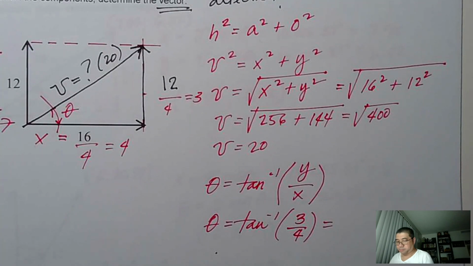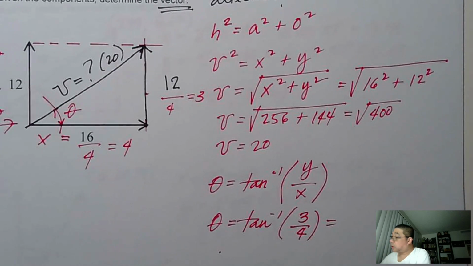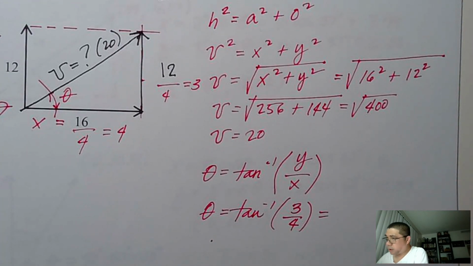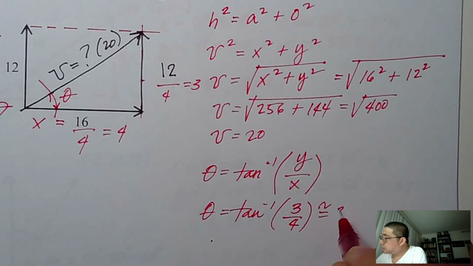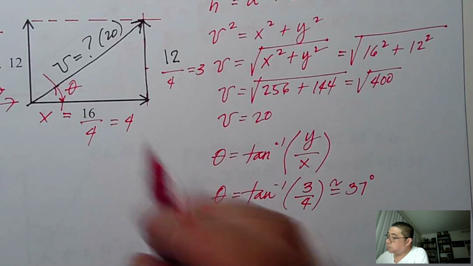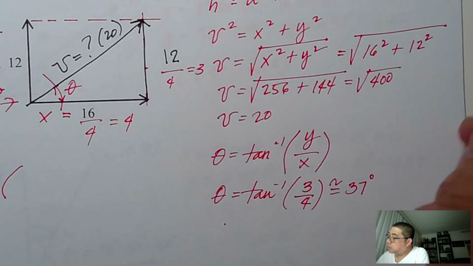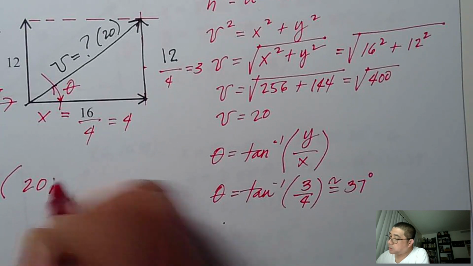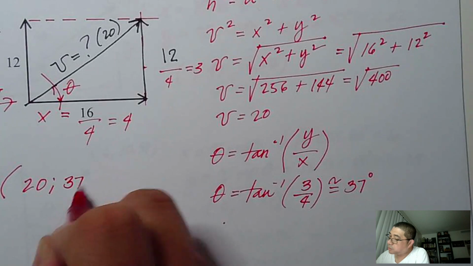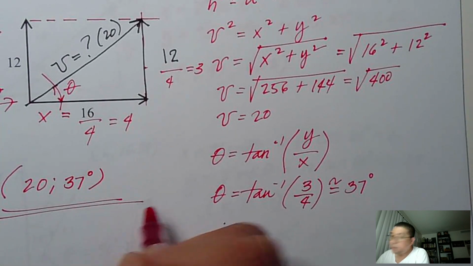Arctangent of 0.75, that's 3/4. So that will give you an angle of 36.87, so we can just say approximately 37 degrees. So therefore, your vector is 20, and then your angle is 37 degrees, or your direction. So this will be your answer.